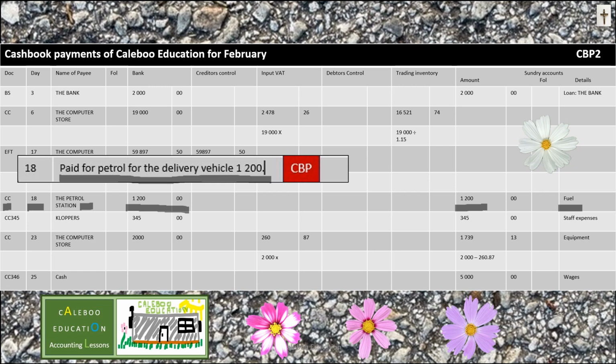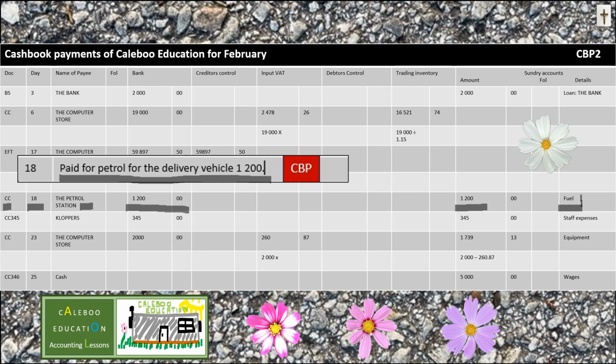Now with fuel, sometimes the examiner is going to try and trick you, especially when it comes to VAT. So you need to know where you can claim input VAT, standard rated items, and when you cannot claim VAT. And fuel is a 0 rated item, so you cannot claim VAT.